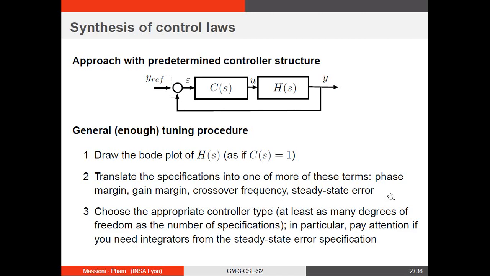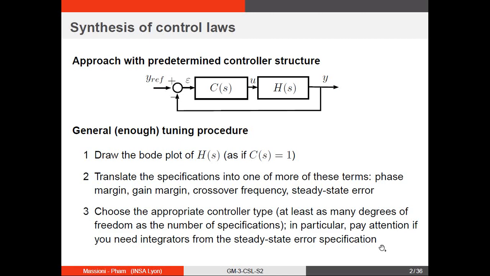Then you will need to choose the controller type. We have seen a catalog in the last class of possible choices, and the main driver of these choices is whether you need integrators in the loop from the steady state error specification. Typically, if you want a zero steady state error with respect to a step of reference, you need at least one integrator in the loop.